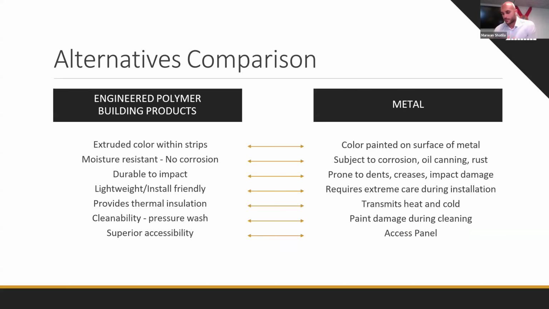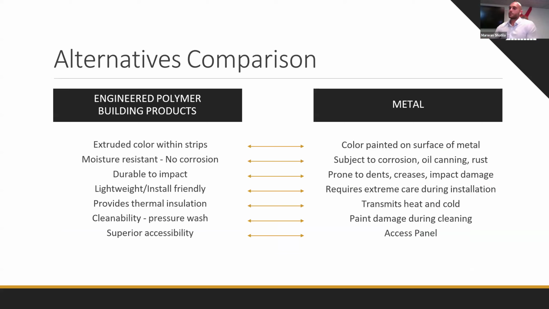So I really describe this polymer-based system in this product line in really three key words, and that is durability, accessibility, and profitability. So this is just going to show you some of the value-driven aspects of a polymer-based system in comparison to metal.